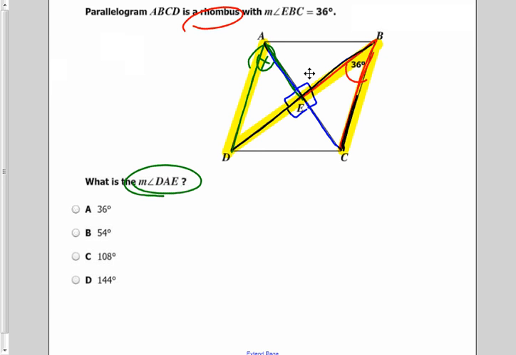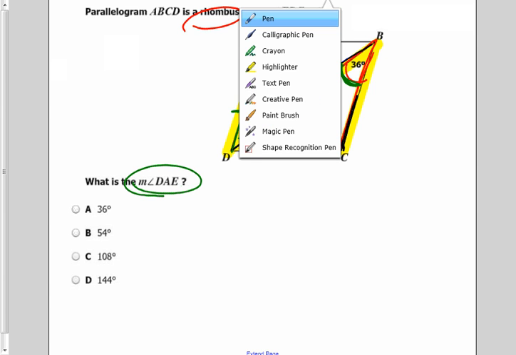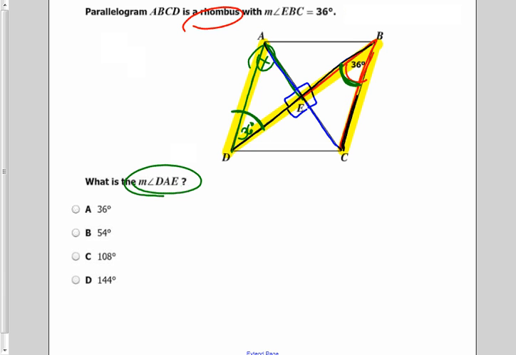So if this measure is 36 degrees, then this measure is also 36 degrees. Now, looking at this whole triangle right here, I have two angles, I'm just missing that one angle.